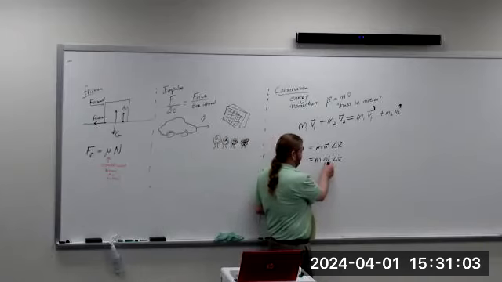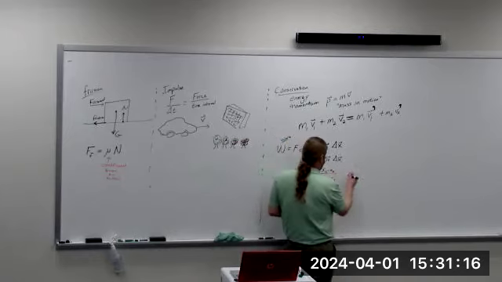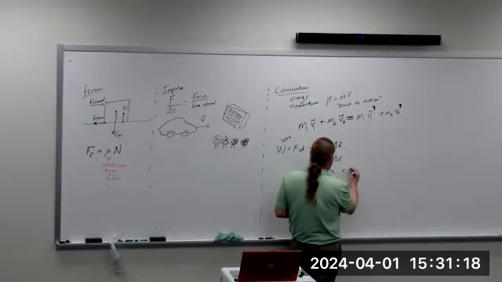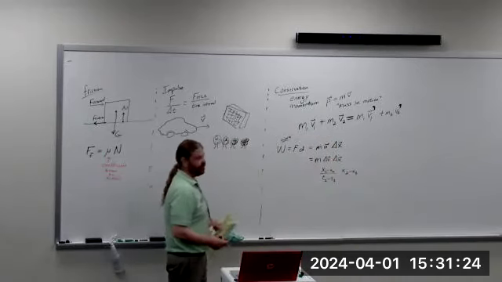We have time on this one, so that's like x2 minus x1 over t2 minus t1. And in this one, we just have a change in position, x2 minus x1. So to work those out, we would average them.